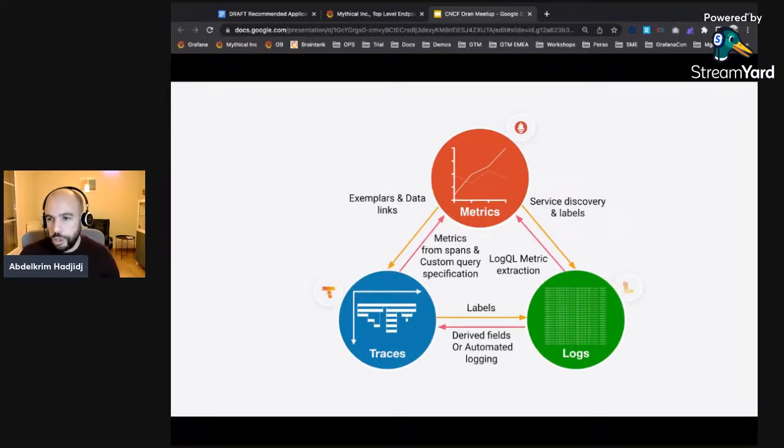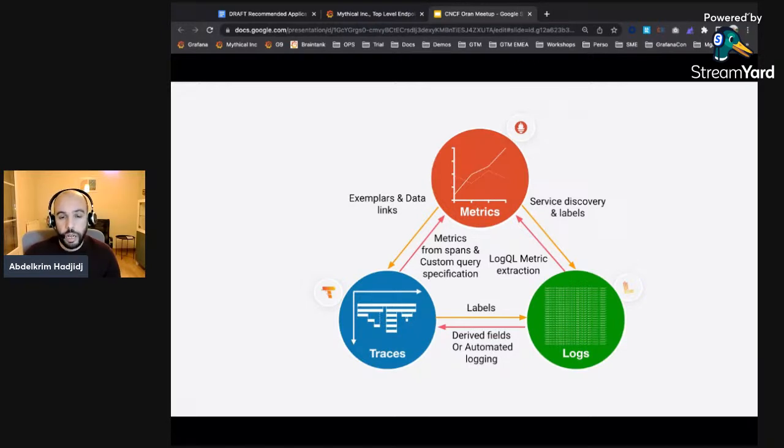So these three pillars should be used together to be able to debug whenever there is something happening. As I said, you start by looking at your dashboard, which is mainly based on metrics. You see that there is an issue. You want to move to the logs, but to the logs of the particular service or application that shows there is an issue.